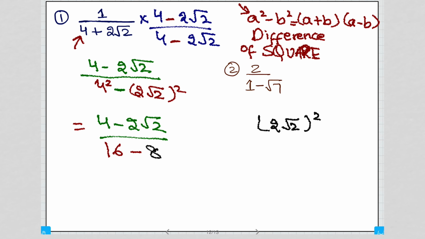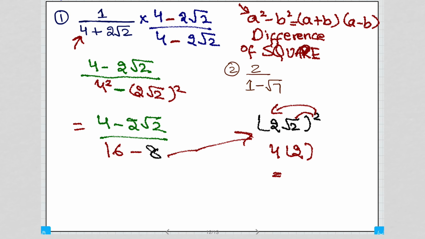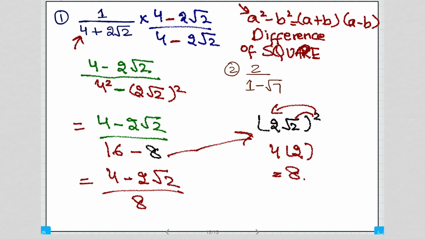How 2 root 2 squared is 8, I can show you simply: 2 squared is 4 and root 2 squared is just 2. Then it gives us 4 times 2, which is 8. Next step, 4 minus 2 root 2 over 16 minus 8, which is 8. That's how you rationalize the denominator.